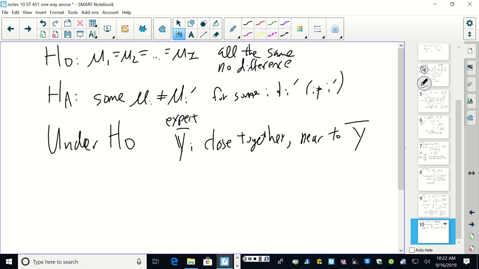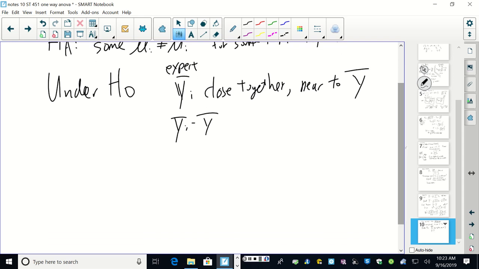They won't all be the overall mean y bar, but relatively speaking, adjusting for the sample size and variability we have, they should be kind of close to that. So we can measure that distance, y bar i minus y bar. Some of those are going to be negative, some positive. They actually average out to 0 across those if you go through the algebra.